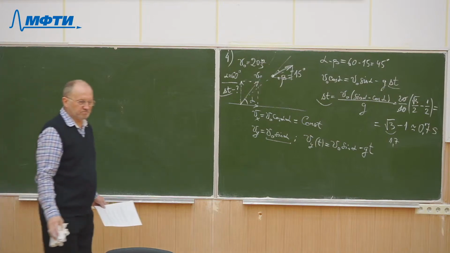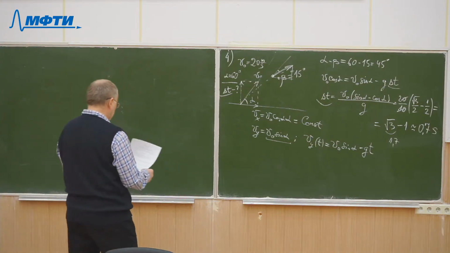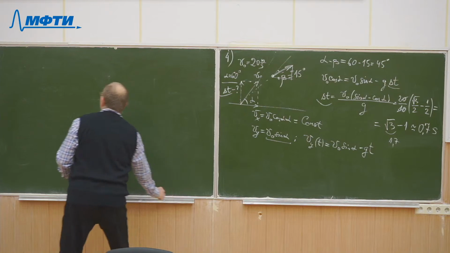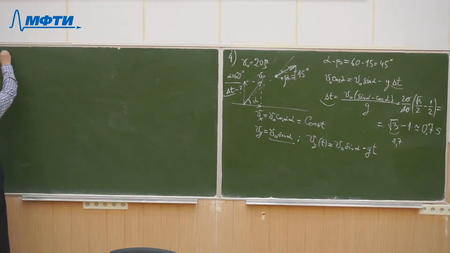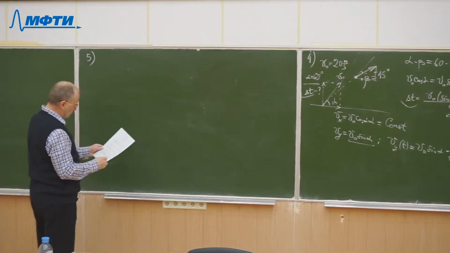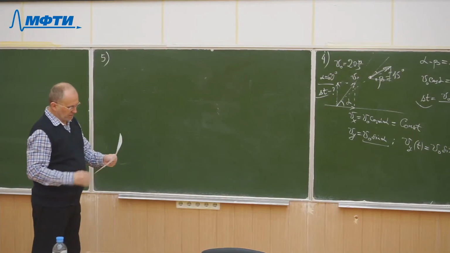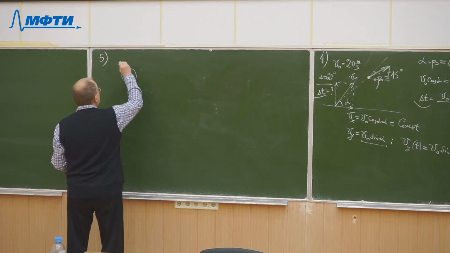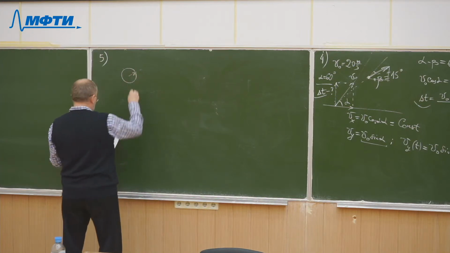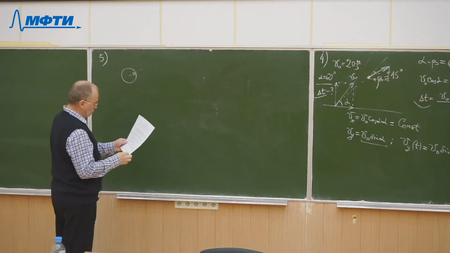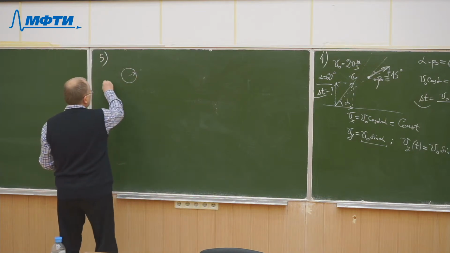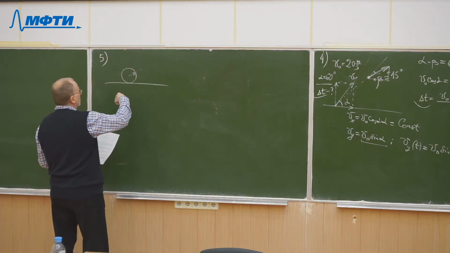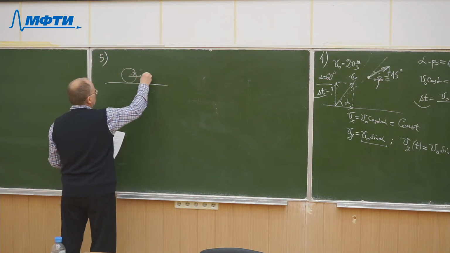And the last problem, number 5. A uniform solid disk of some radius rolls smoothly on the floor with some initial velocity.